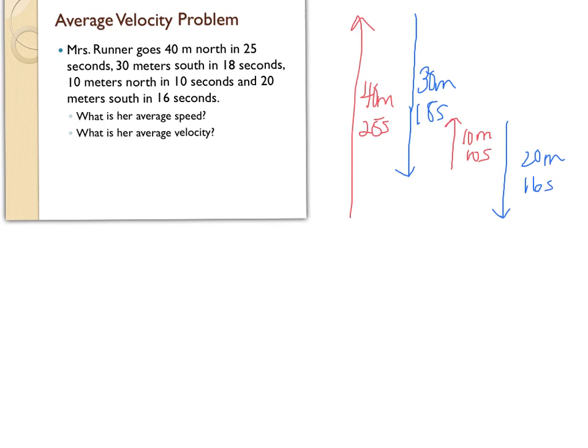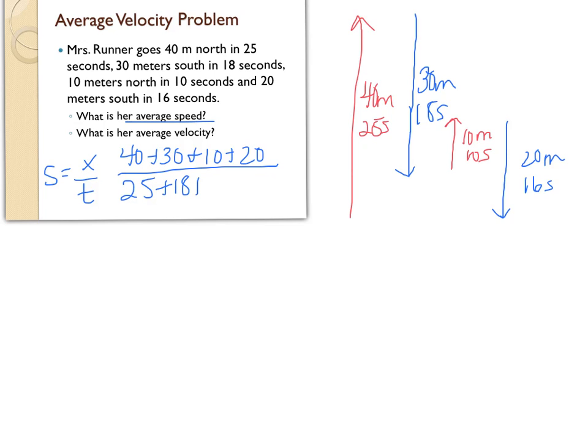Okay. So, average speed. Speed equals our total distance divided by our total time. So our total distance is going to be 40 plus 30 plus 10 plus 20, because distances are what? Hopefully you are saying scalar, and that's why we don't need any negative signs. Our total time is also a scalar, so we also add up those numbers.